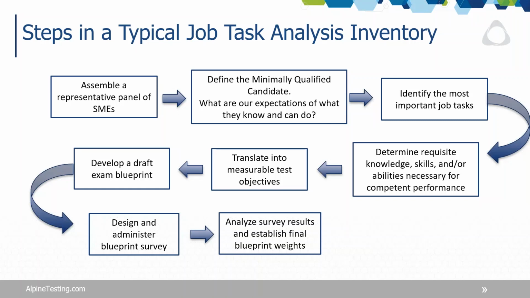What are those knowledge and skills that are most critical for being able to perform competently on the job? And then we take those and we translate them into measurable test objectives. For some organizations, they'll still call these task statements. It's a similar sort of concept, just making sure that those statements are written in such a way that they are measurable in the format that you intend for your test to be.